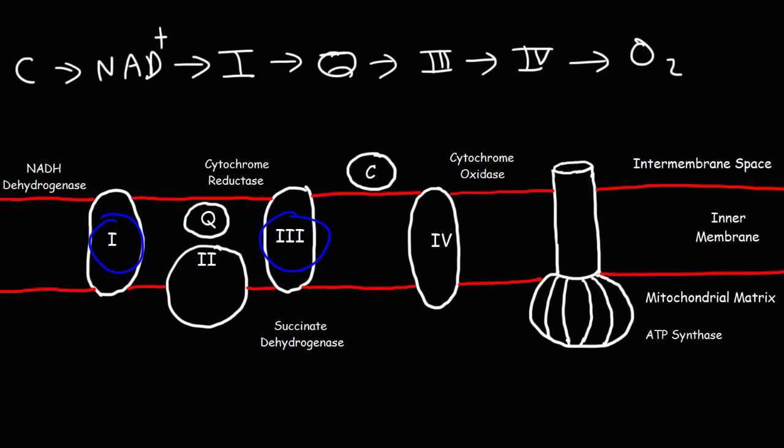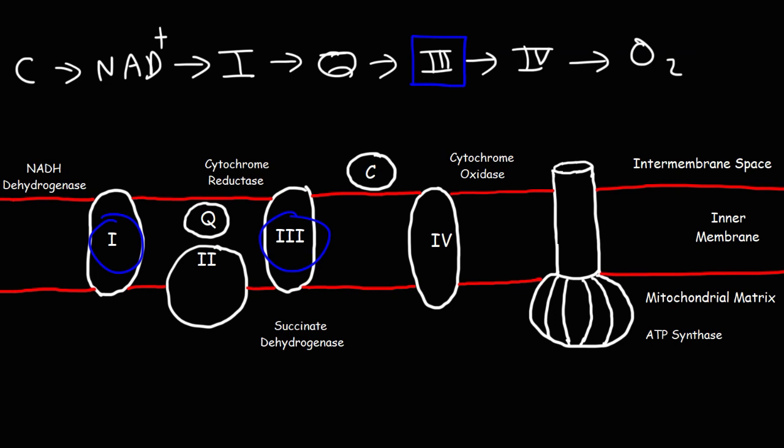So according to the sequence, because complex 3 comes after complex 1, we could say that complex 3 has a greater affinity for electrons than complex 1. So we could say that complex 3 is more electronegative than complex 1.